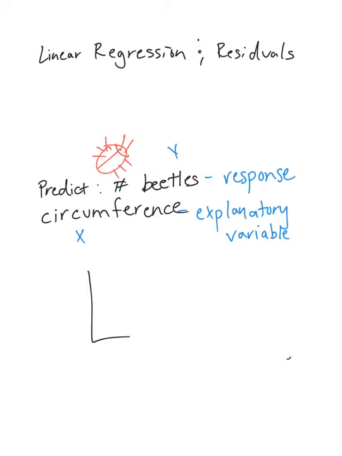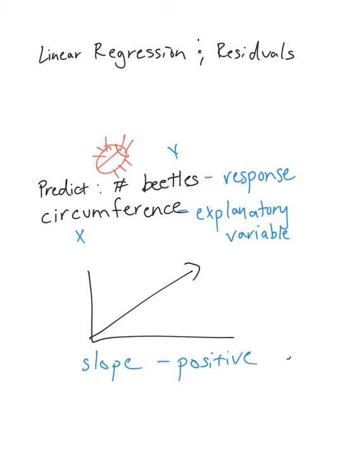If I were to draw a rough graph, it'd probably be this. So I'd imagine the slope would be positive, because it requires a bigger tree to have more beetles in it, logically.